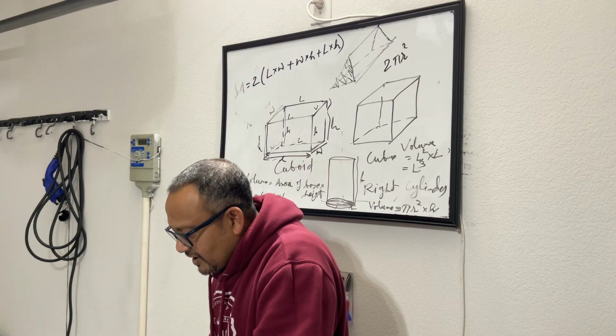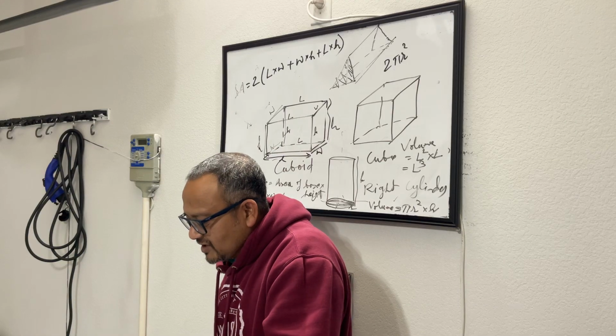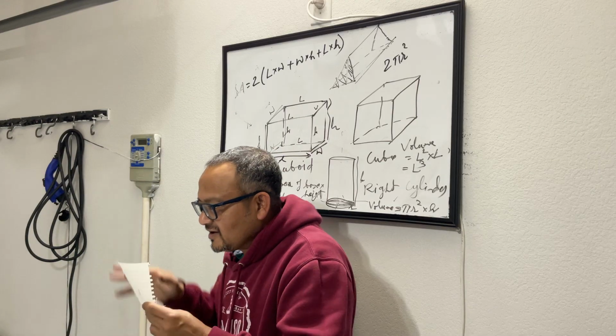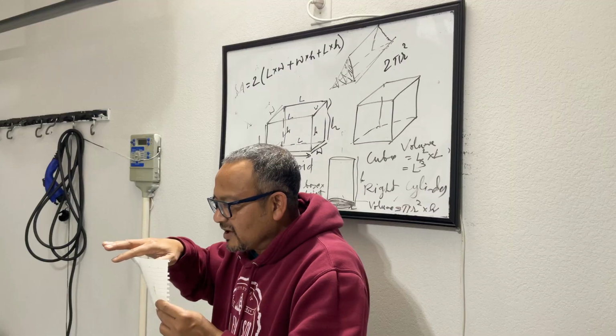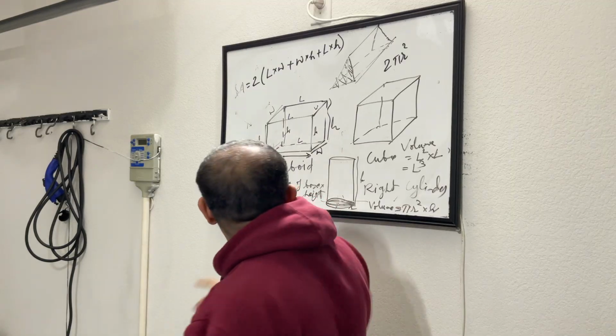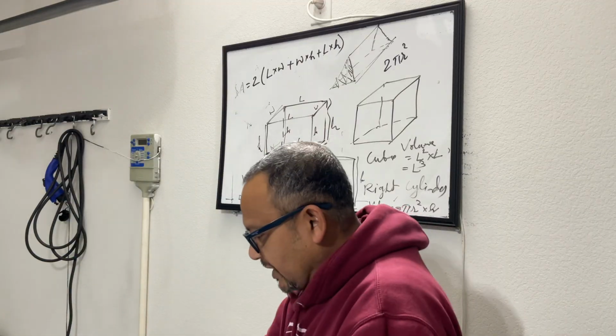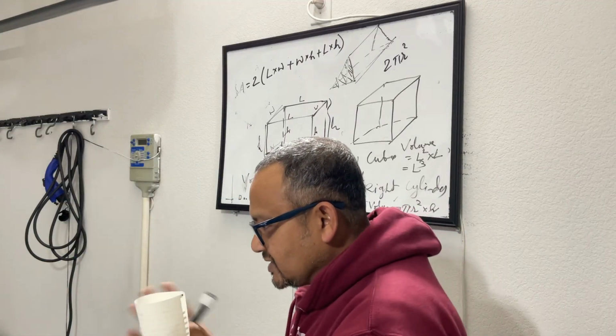So when I'm opening it up, my circumference is becoming another side. So this circumference became the side and this is the height. So my surface area of this will be pi r squared plus this.